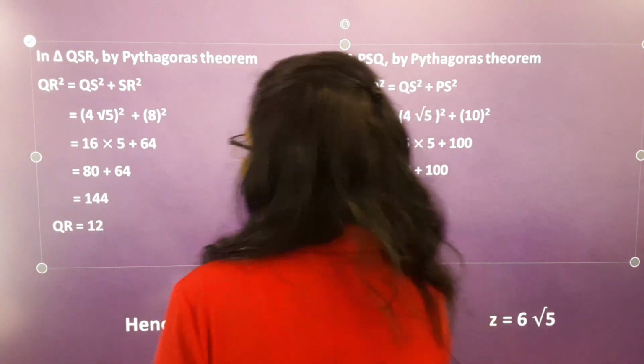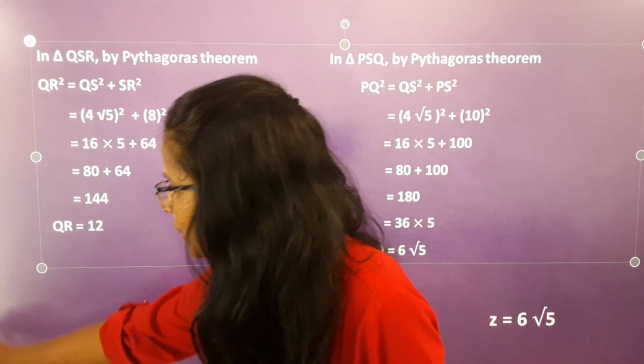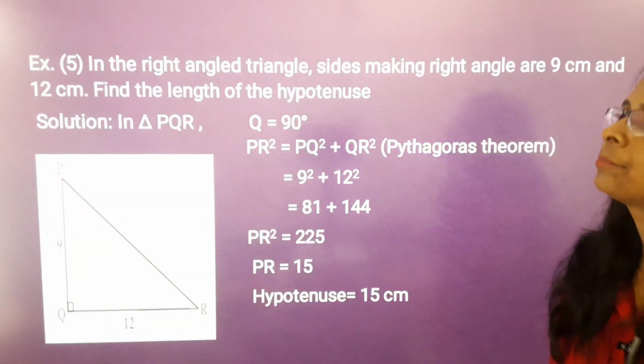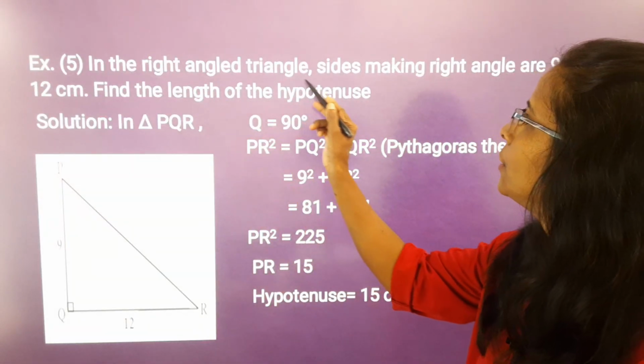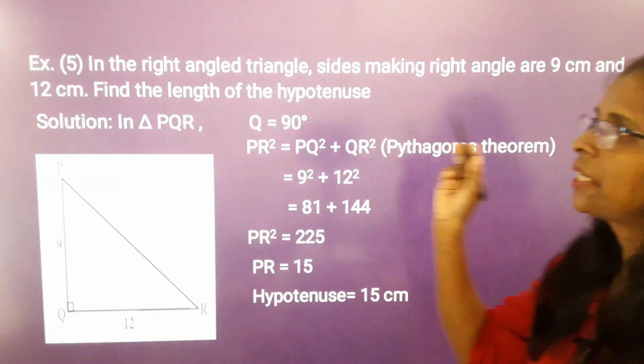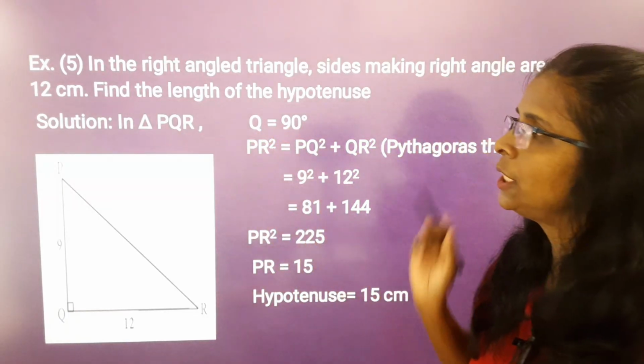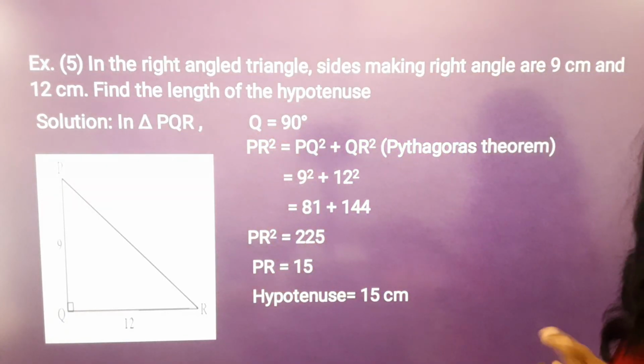So now let us see the next example, students. In the right angle triangle, the sides making the right angle are 9 cm and 12 cm. Find the length of the hypotenuse. Very easy problem.